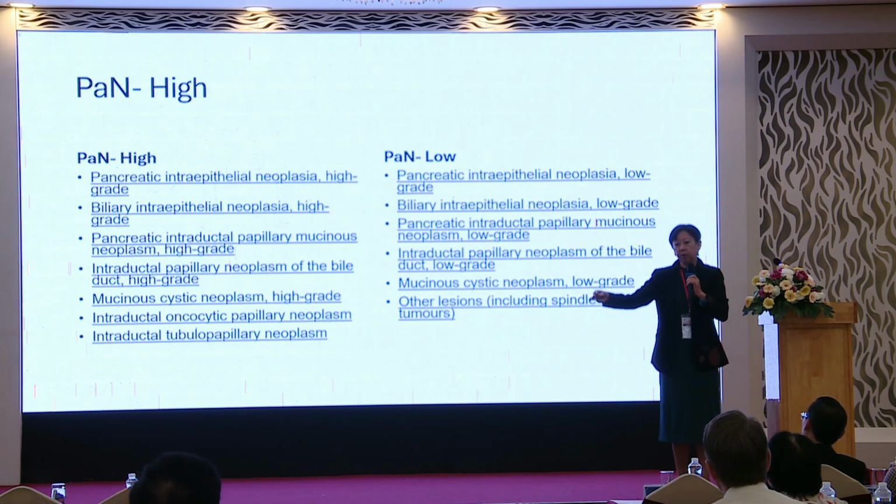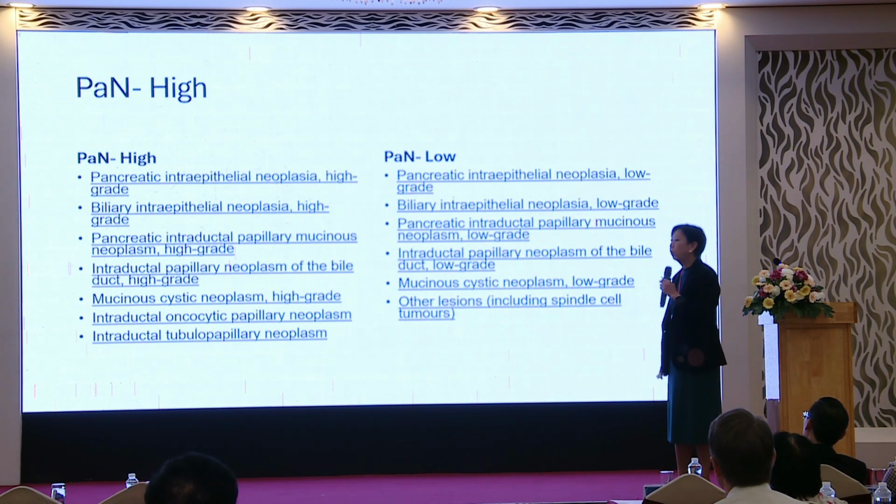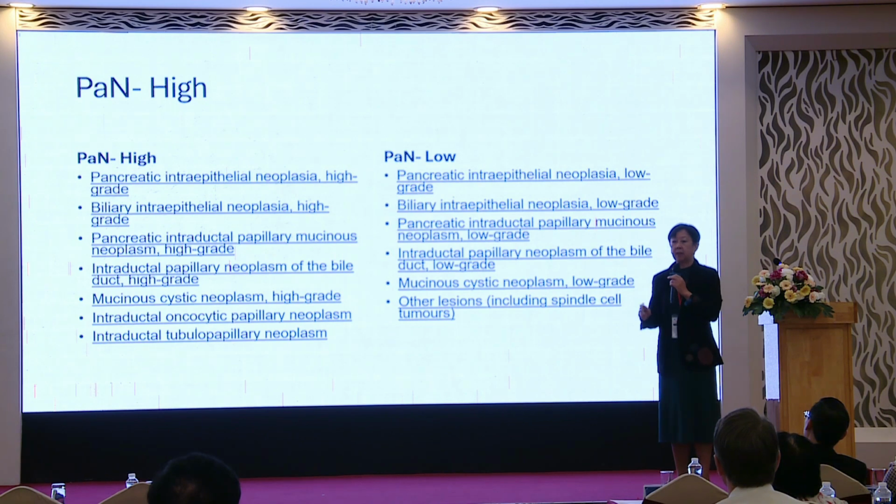It was a 15 centimeter MCN, and we took 68 blocks. We sampled the whole thing, and some of them were mega blocks. So, thorough sampling, because you can find focal invasive tumor in these.